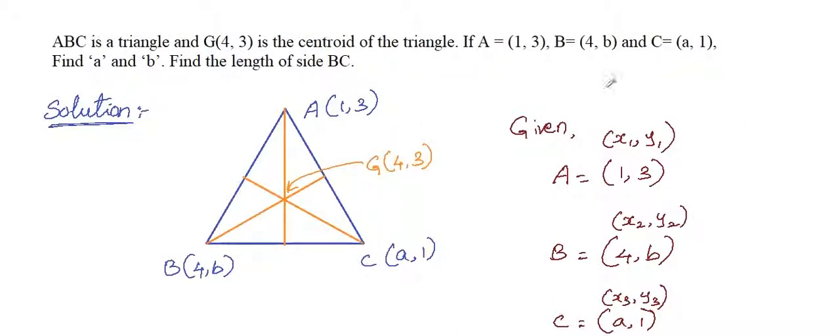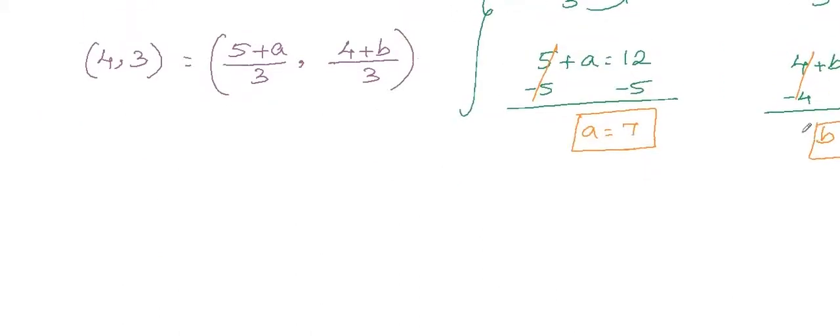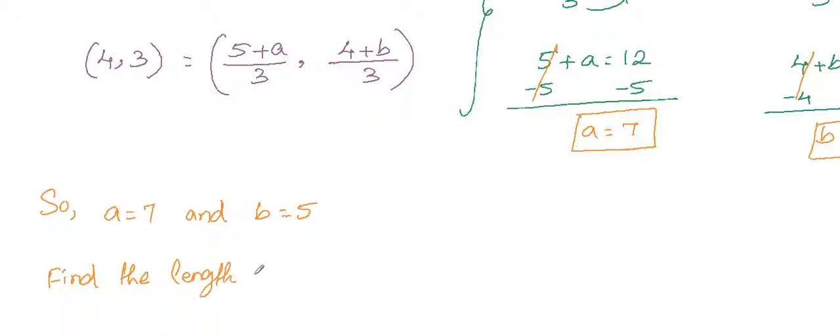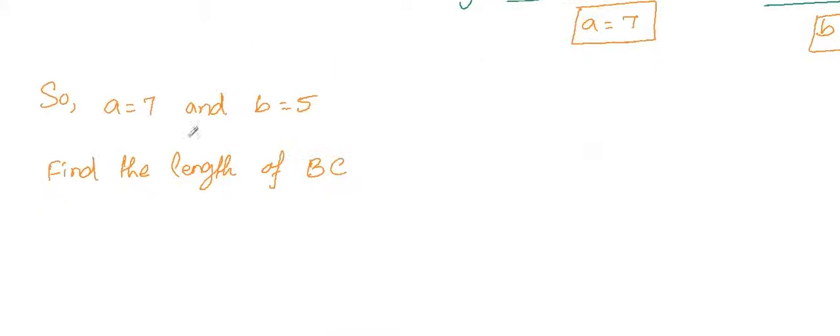Now find the length of the side BC. BC is the base length, so we need to find that length. Write down the A and B values: A equals 7 and B equals 5. To find the length of the side BC, we need to take the B and C points.